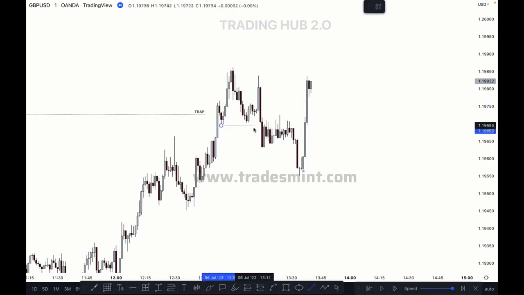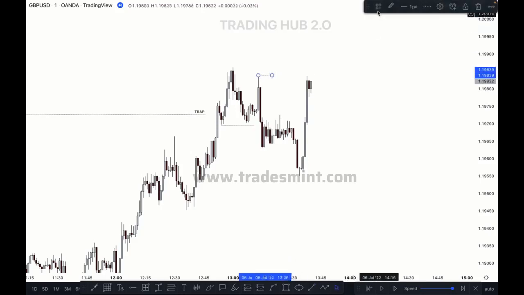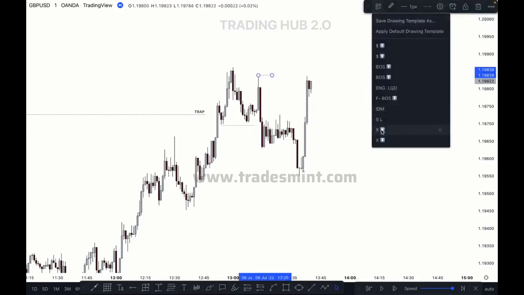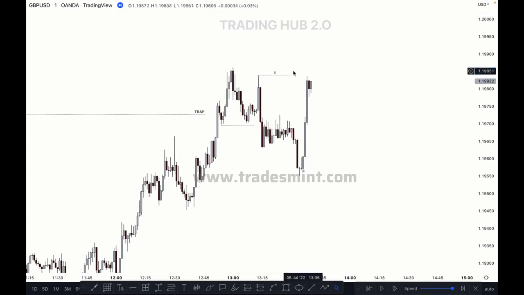The market breaks the structure. After breaking this structure, the market must take out the first inducement. Where is our first inducement? It was here, correct? But the market did not take out this high, and broke this low, closed below it and created a new inducement, which is here.